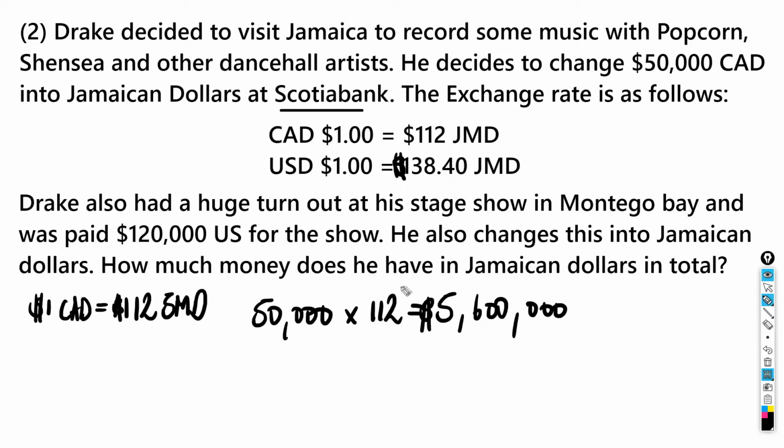All right, now he was paid 120,000 US for the show in Montego Bay, and he changes the money as well. Remember we know that $1 US is equal to 138.40 Jamaican dollars. So we're going to multiply by 138.40 as well.